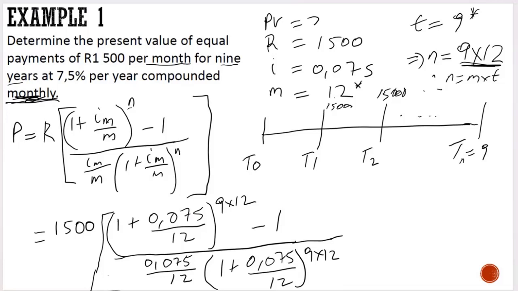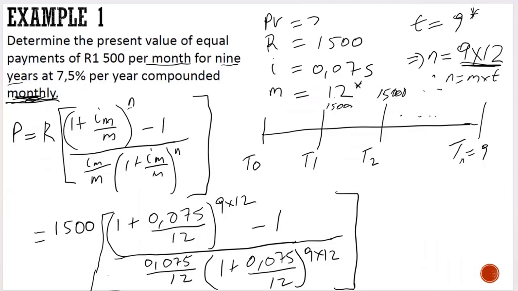Without really impressing anyone, you do have scientific calculators. If you've got a scientific calculator, you can plug this into your calculator in one step. You don't need to be wasting time entering it step by step.